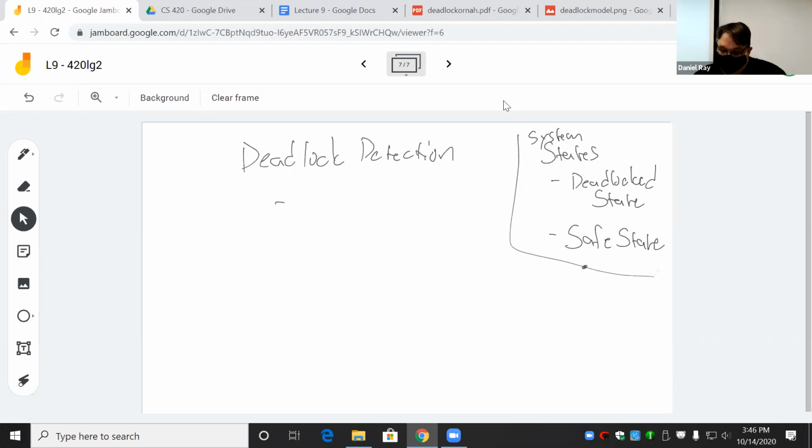So, how do I detect a deadlock? Well, the static way to do it is by something called graph reduction. I'm thinking back to algorithms.